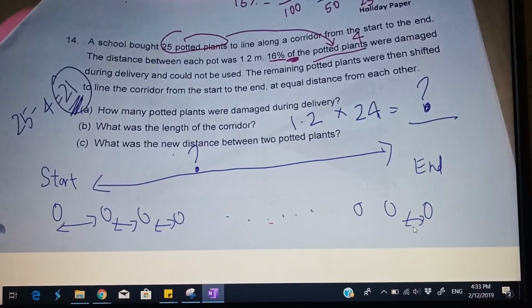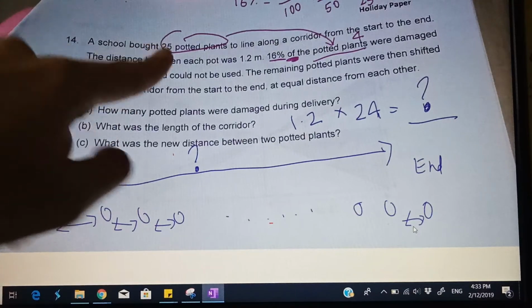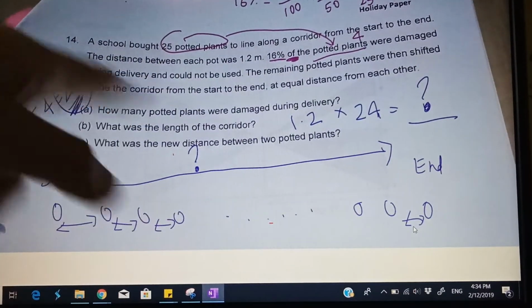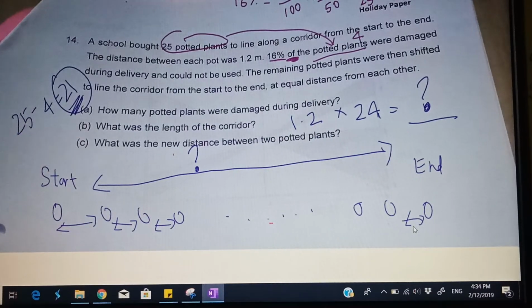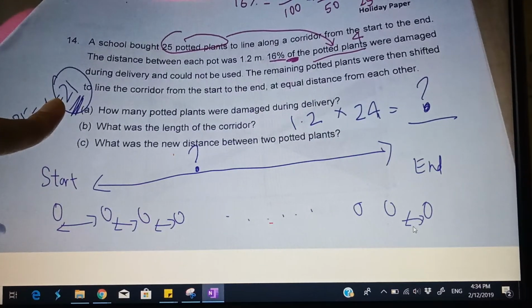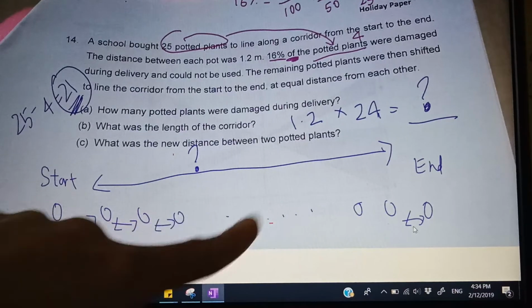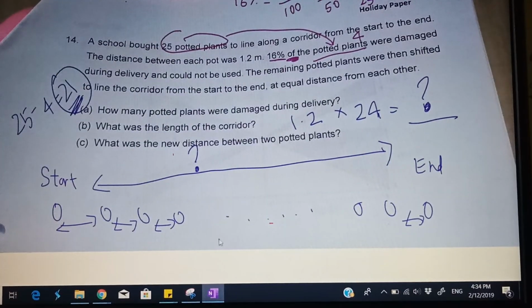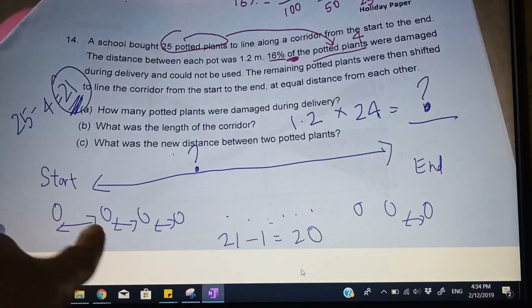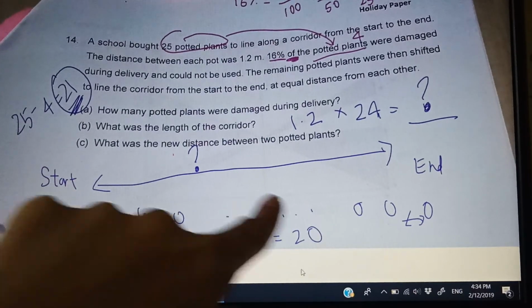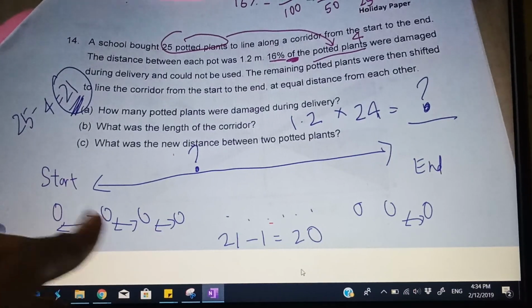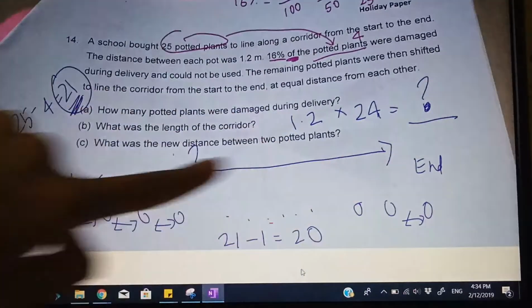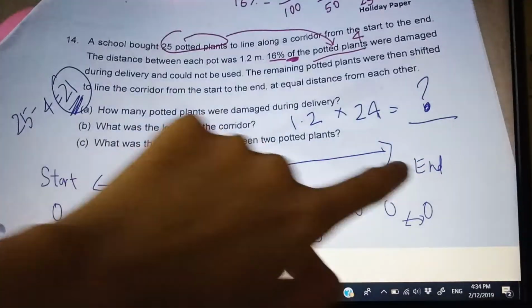So you know that there's a pattern previously where we always take the number of potted plants minus 1 to get the number of gaps, like we did in part B. So here we have 21 potted plants, so the number of gaps would be 21 minus 1, which is 20. So now we know that there are 20 gaps between these 21 potted plants, and these 20 gaps make up the total length of the corridor.